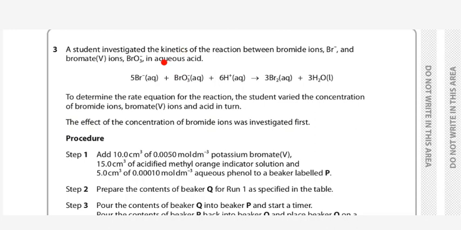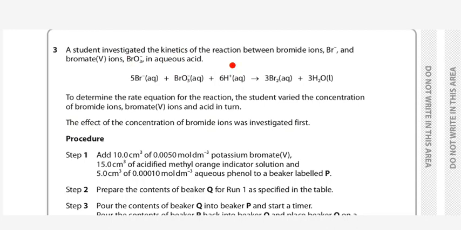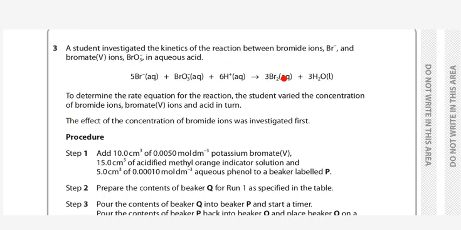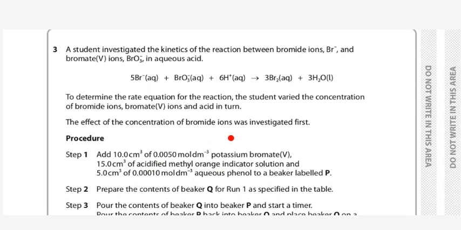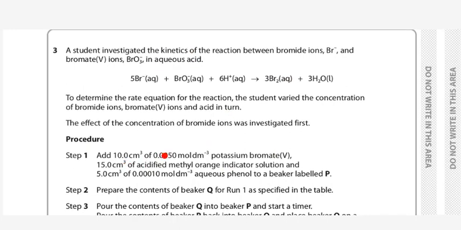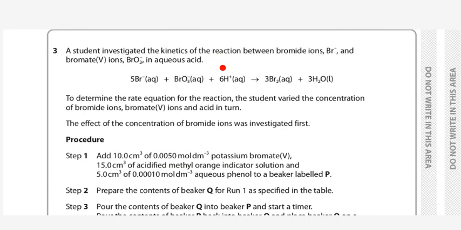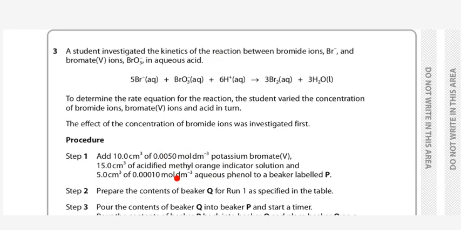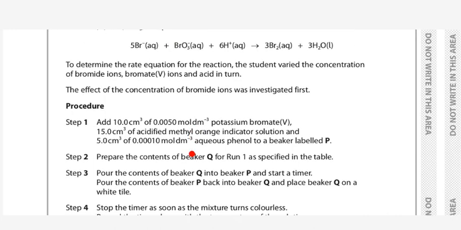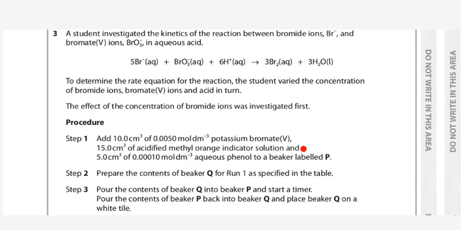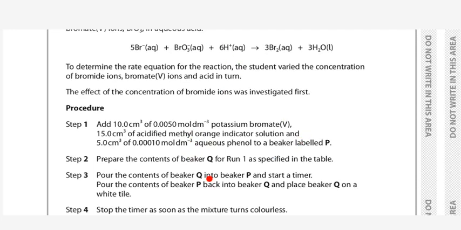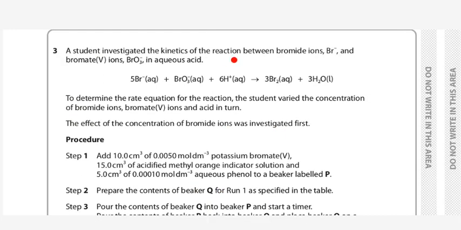The bromate reacting with bromide in the presence of acid is what happens here. Bromine will be produced. The acidified potassium bromate contains BrO3 minus. When P and Q react, it forms bromine.